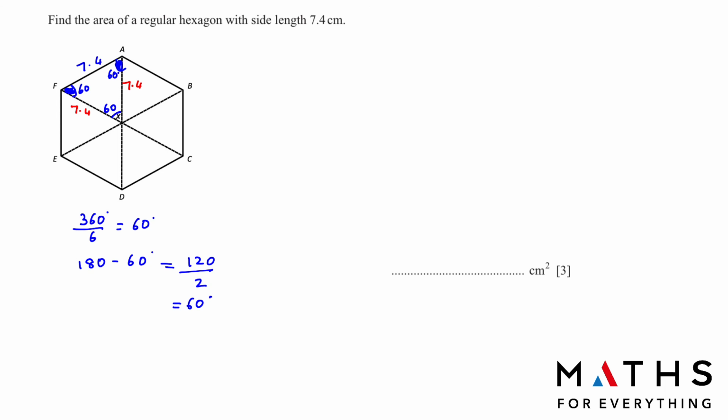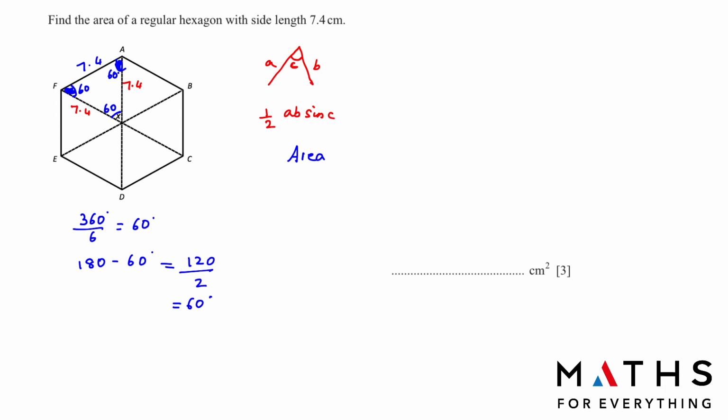If you want to find the area of a triangle with two sides and an included angle, we can use the formula half AB sine C. This is your A, B, and this is your angle C. So using this rule, we are going to find the area of the hexagon.